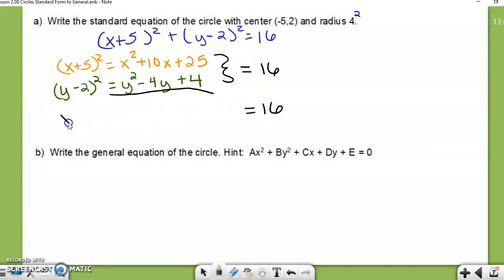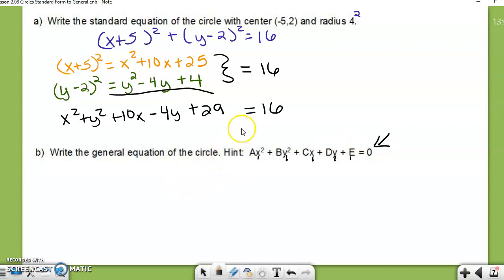So I end up with my x squared plus y squared plus 10x minus 4y plus 29 equals 16. See, I've got it in the same order of my x squared, y squared, something x, something y, and a number. But I'm not yet equal to 0.